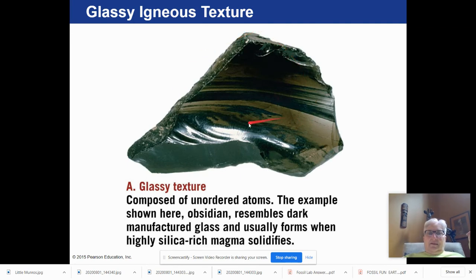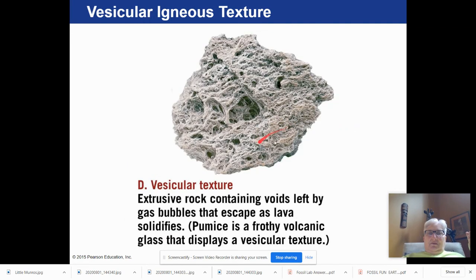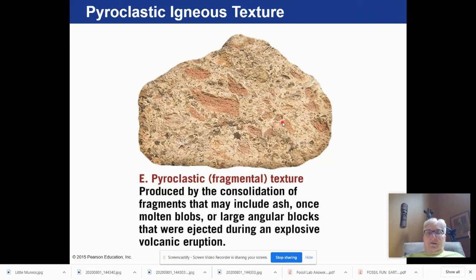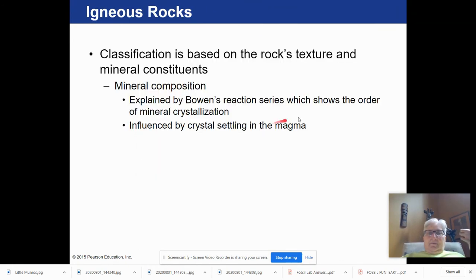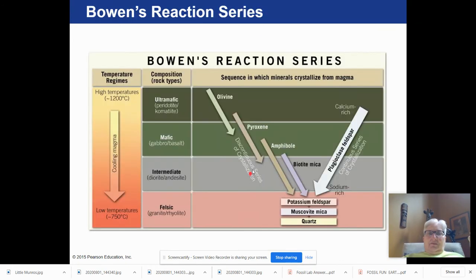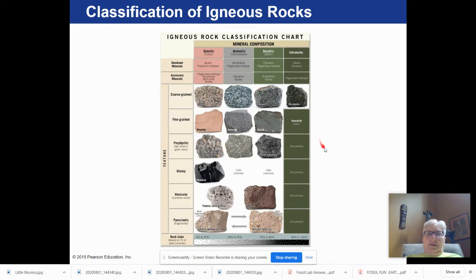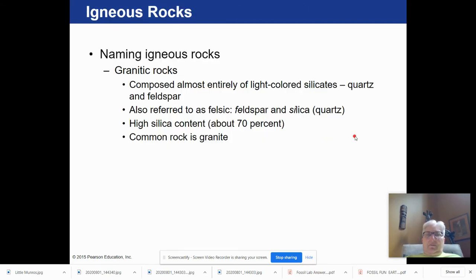So glassiness, right? How many vesicles or voids are in the rock. So that's one big thing. All right, if you want to take a look at Bowen's reaction series, it's not something we're going to cover at all, but sometimes it can be interesting.